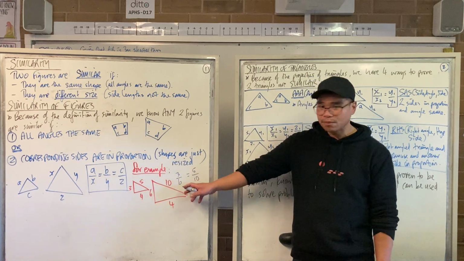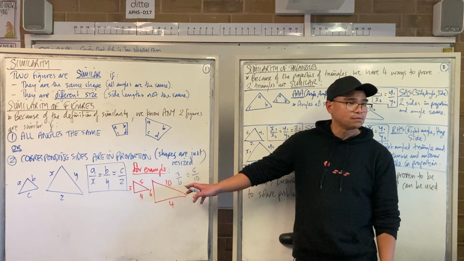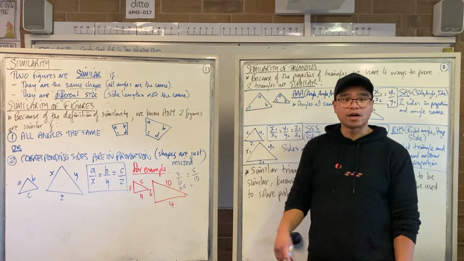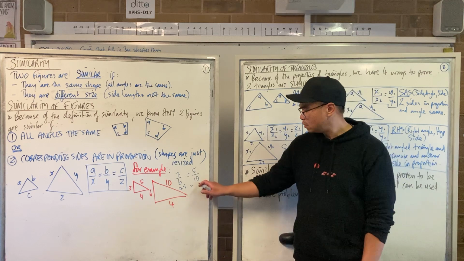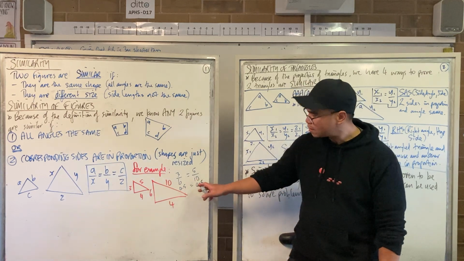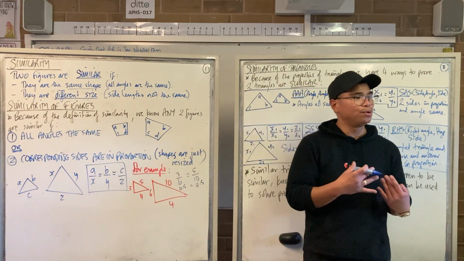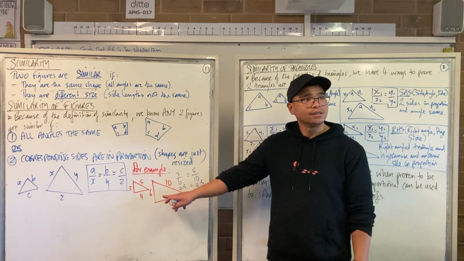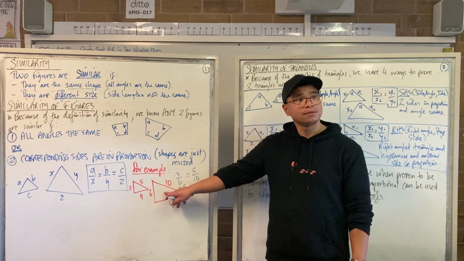What is 3 divided by 6? Half, 0.5. And is 5 divided by 10 also half? Yes. So that's this situation. They're all in proportion. What is that saying? This triangle is half the size of this one.